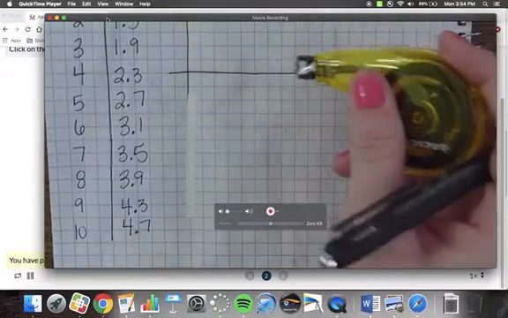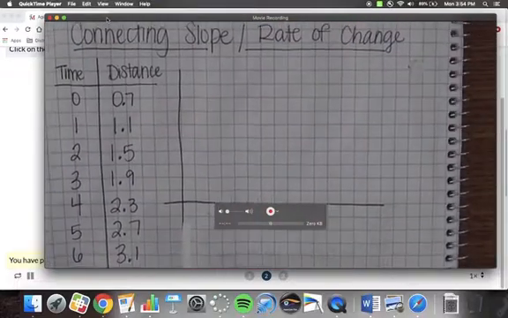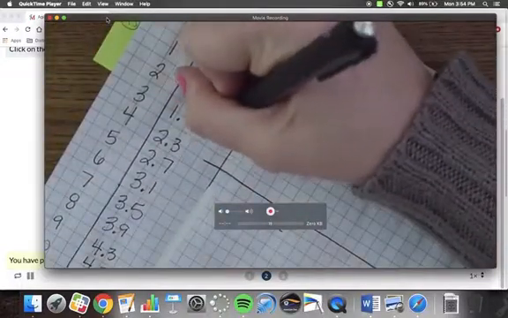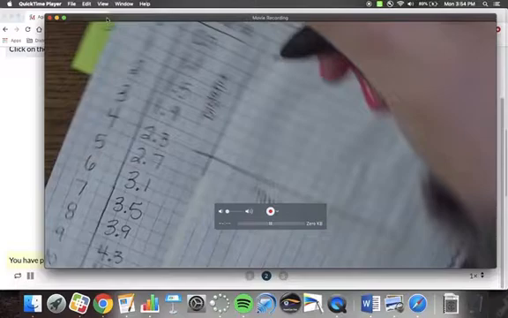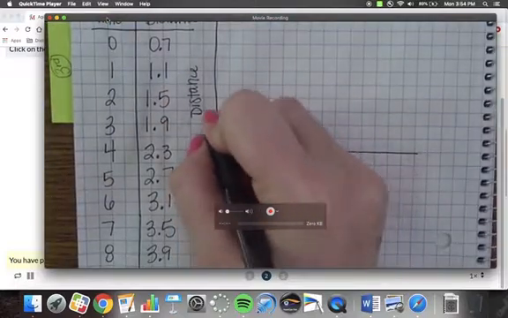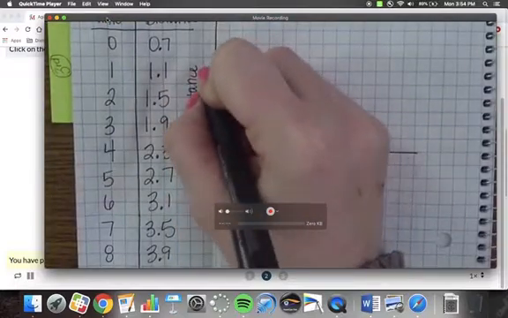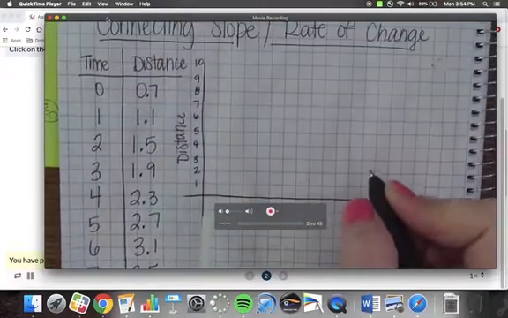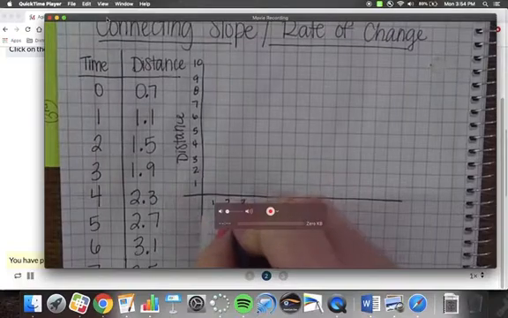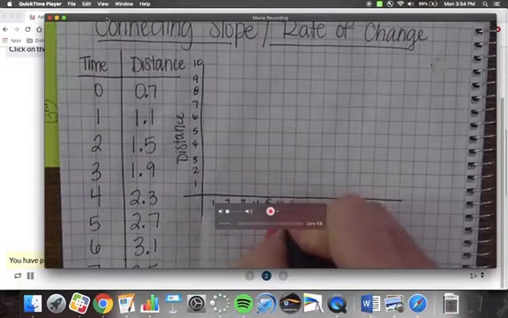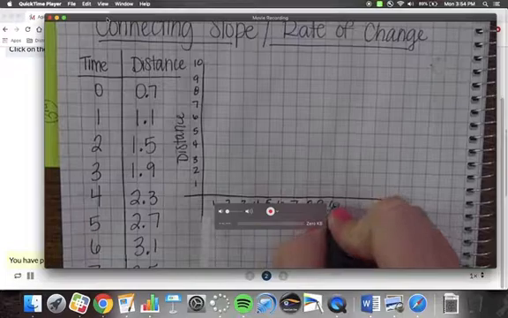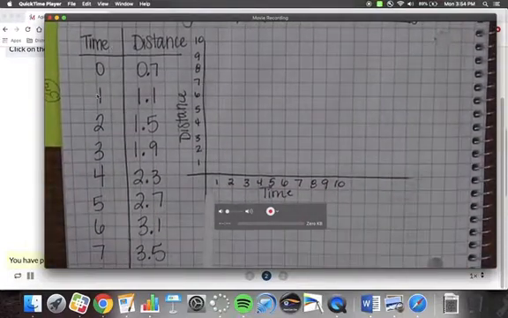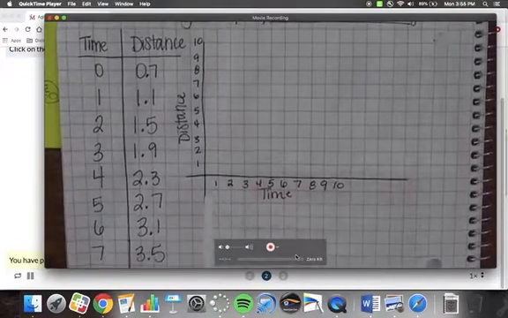You only need it to be a 10 by 10. So again, this is going to be time. This is going to be distance. It's going to go 1, 2, 3, 4, 5, 6, 7, 8, 9, 10. And then 1, 2, 3, 4, 5, 6, 7, 8, 9, 10. Sorry, I need to move this out of the way for you.